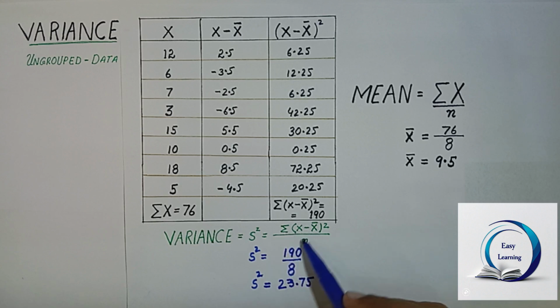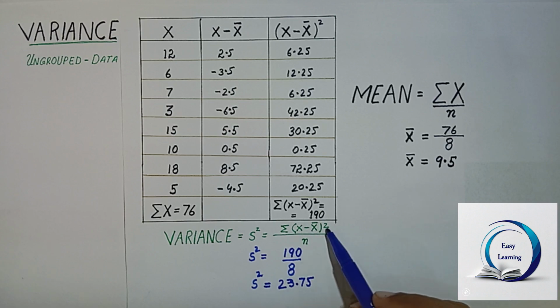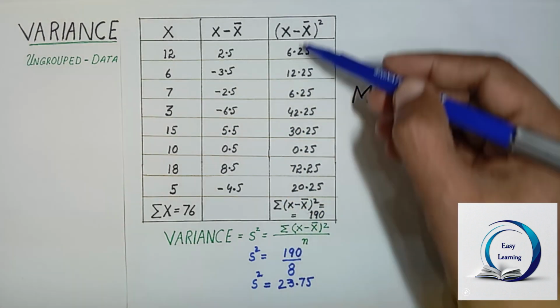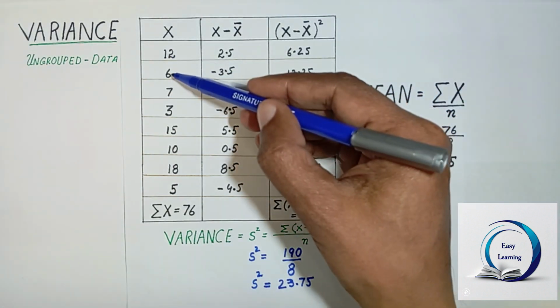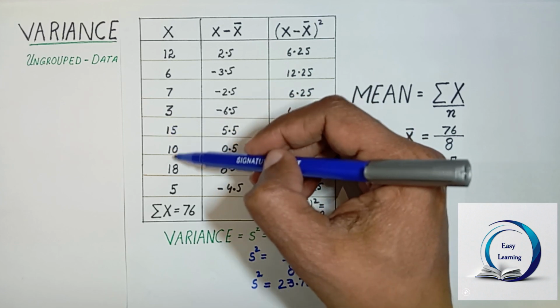By putting the values in this equation, summation x minus x bar whole square, which we calculated in this column, is 190, and n is the number of observations, which is 8.